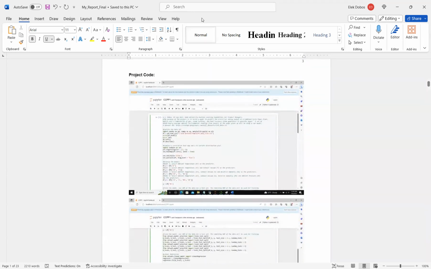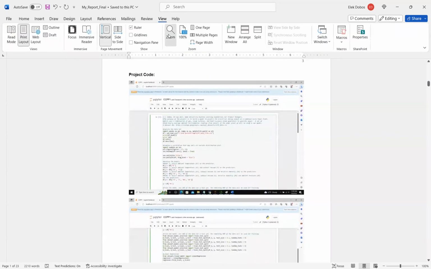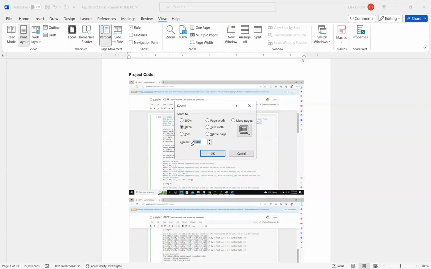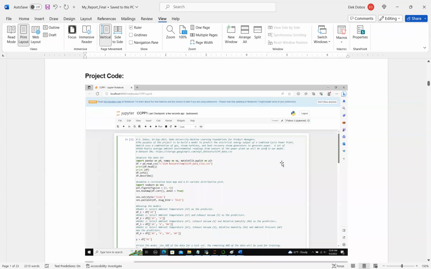My project code, I'm going to make this a little bigger. It's a little hard to see. My first thing I wanted to do is explore the data set. This is a Jupyter Python environment that I'm using for coding.